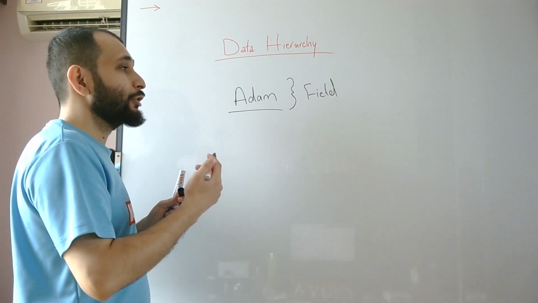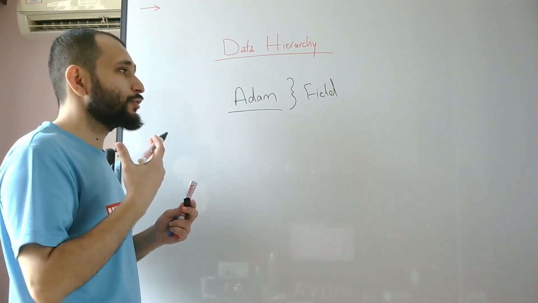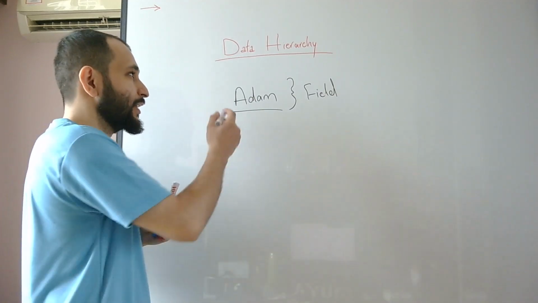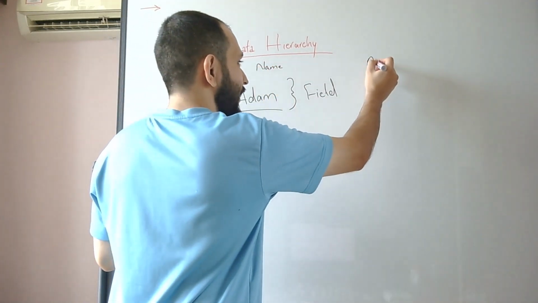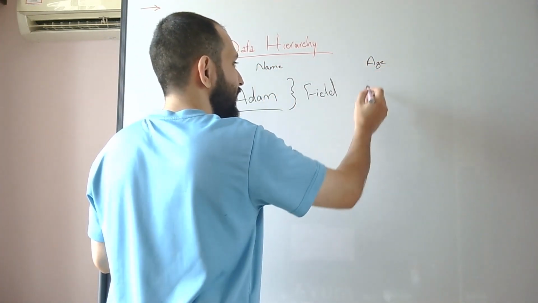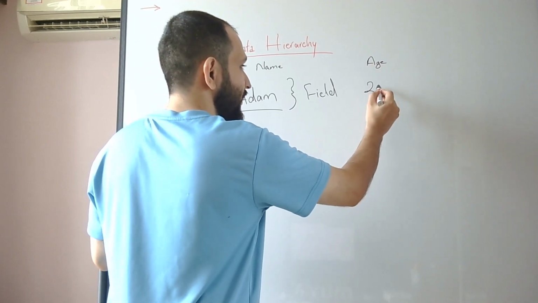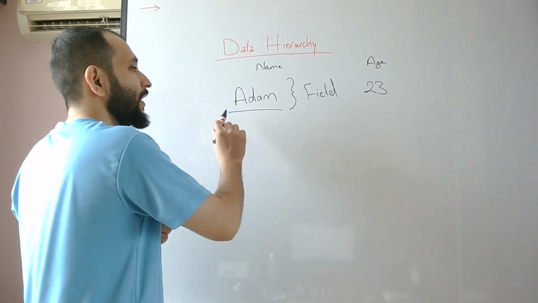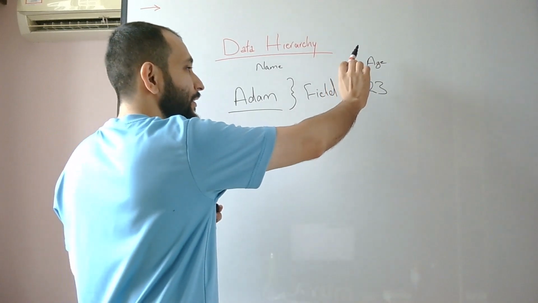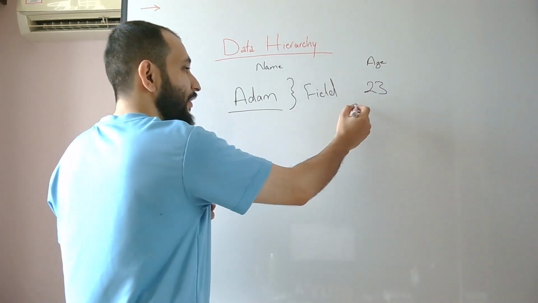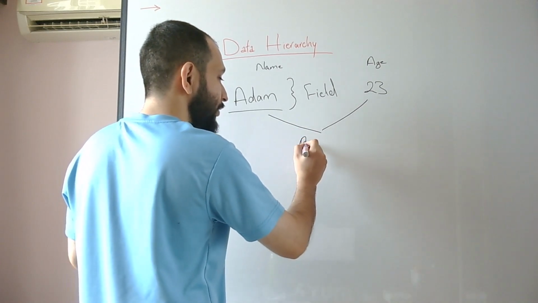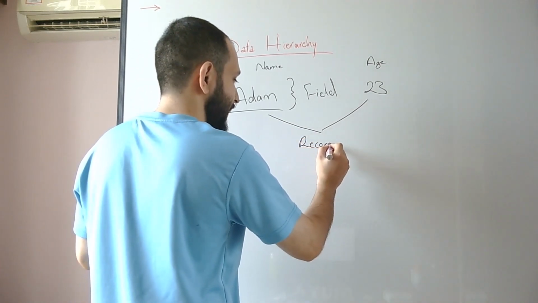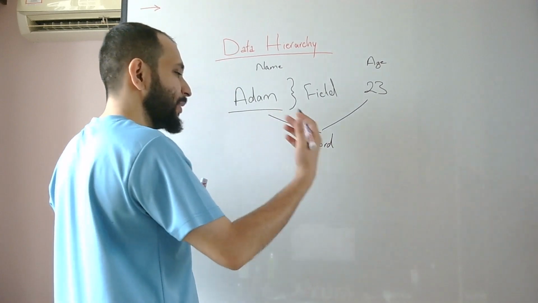Now we can interrelate two different fields. For example, the name in here, and then another field that we have, which represents age, 23. So the name Adam and the age 23 are combined with one another, and they create the record for a person.